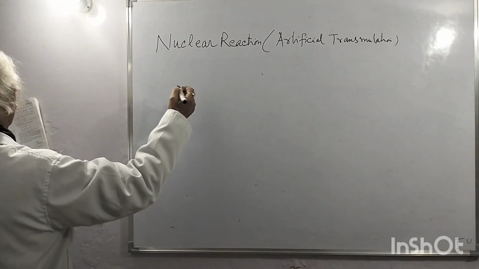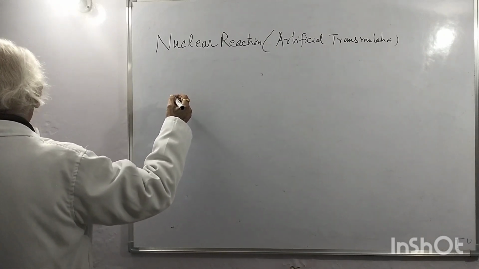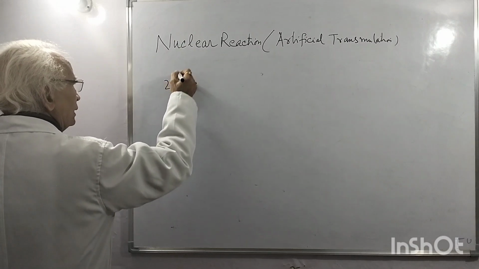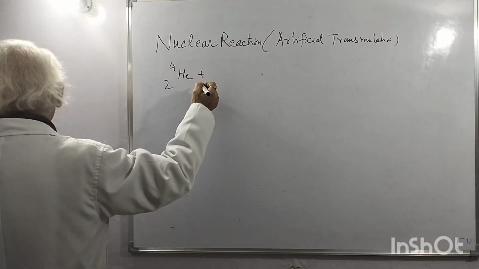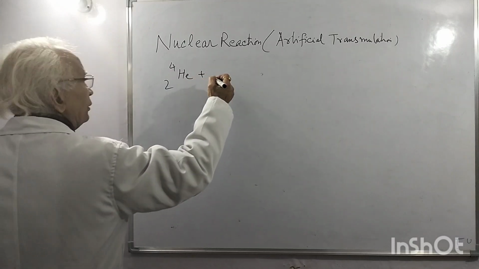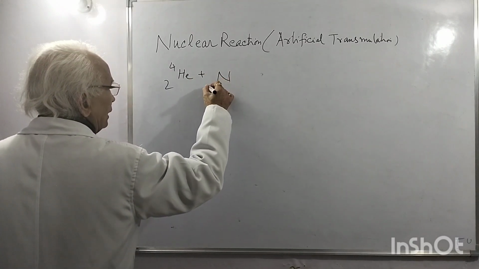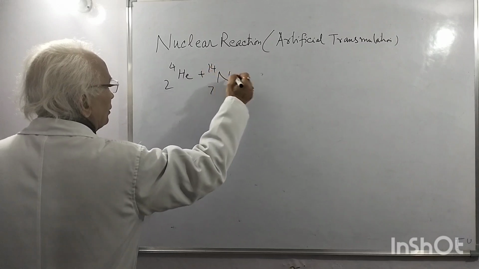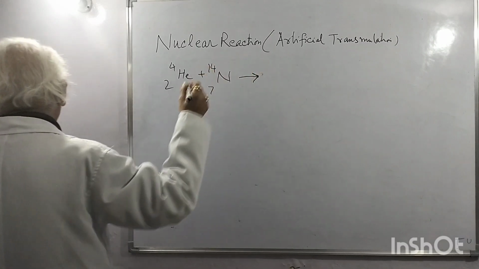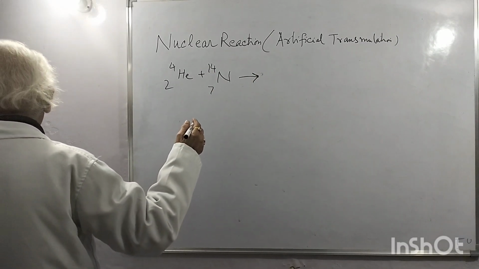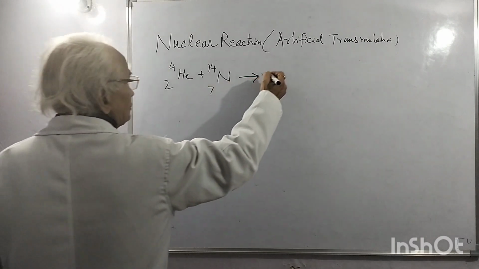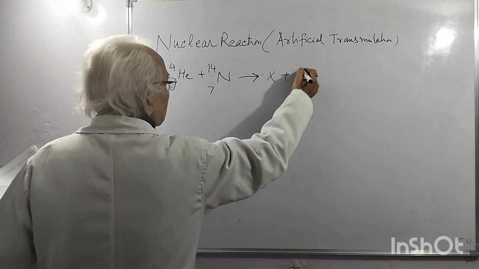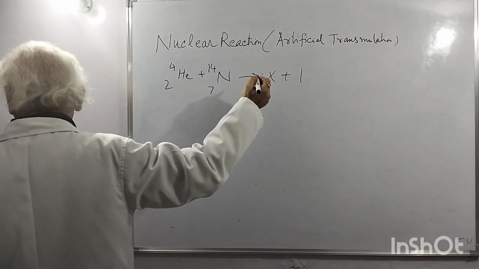Earlier reactions studied by scientists, done by the Rutherford group, were helium-4, an alpha particle, interacting with nitrogen-14, and we got X plus a proton, that is 1H1.